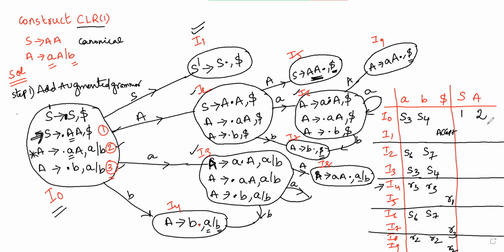Then I2 on capital A goes to 5. I3 on capital A goes to 8. Now I4 has no more capital values, and I5 also has none. For I6, capital A goes to I9, so I am writing 9. Now I7 has no values.